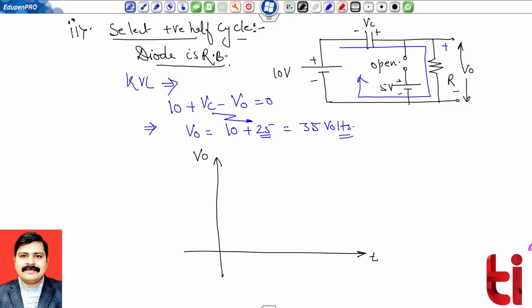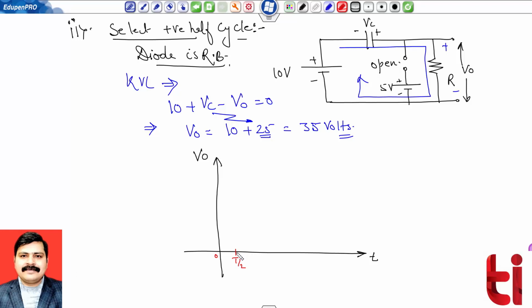You can check for initial positive half cycle 0 to T by 2, we are not marking anything because my capacitor was not charged. However, if I am assuming that my input signal is a periodic signal of infinite range, then one can think about that for a previous half cycle the capacitor will be charged and maybe possible that some voltage waveform you will have.